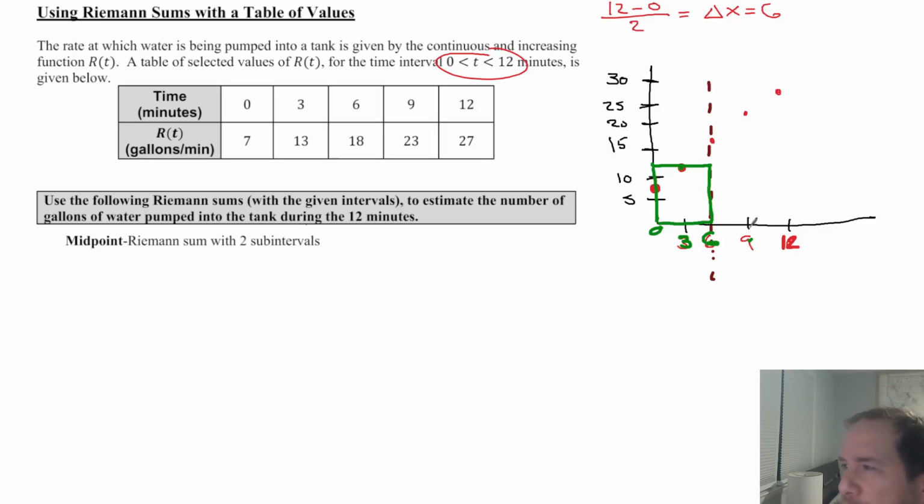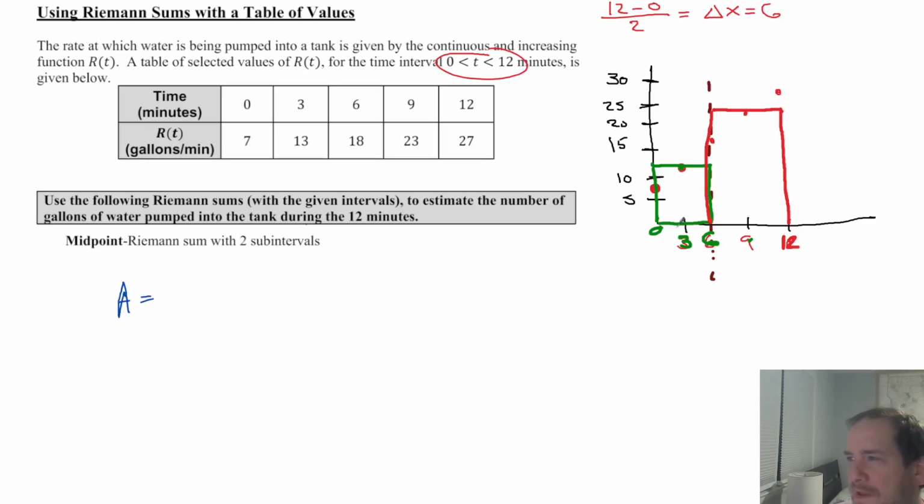And so that means we would evaluate the function at 9. It's giving 23. But that means we can put a rectangle here whose base is 6 and whose height is 23. All right, and again, this time we're only approximating with 2 subregions. So that means comparing this answer to the others is kind of apples and oranges, but let's find it.